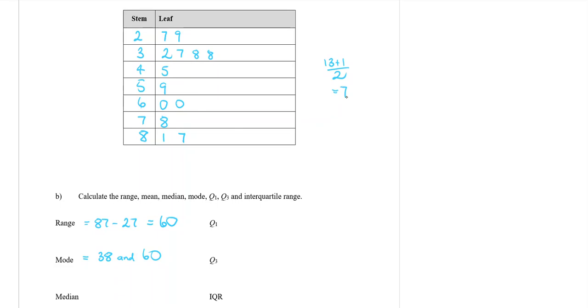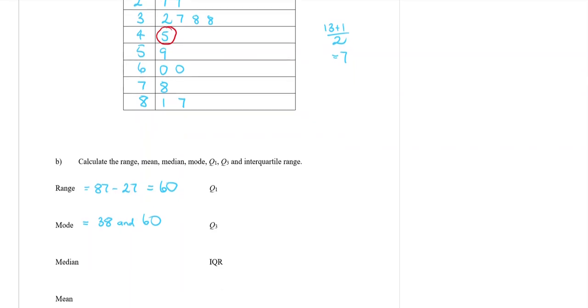Let's count down. That's the position. I now need to find the 7th number. So 1, 2, 3, 4, 5, 6, 7 would be that 5. I'm circling it. I put a line when it's between things. If it is the 7th number, I circle it. But don't forget to include the stem. It's not just the 5. The median is 45.